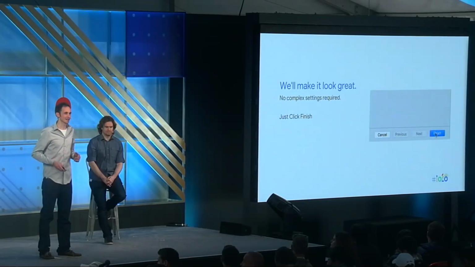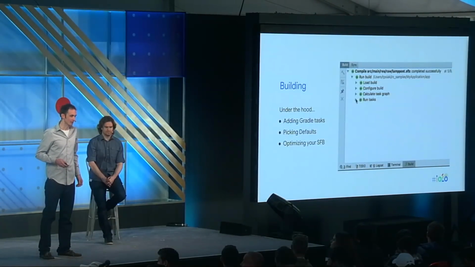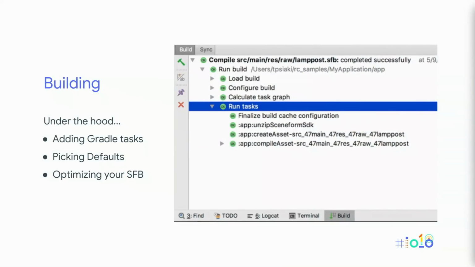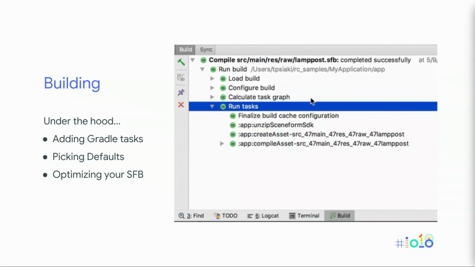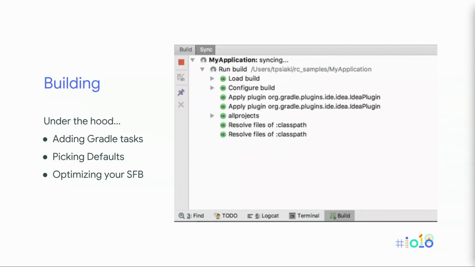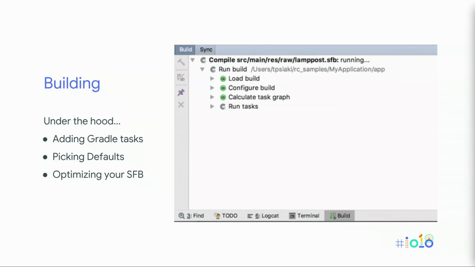Let's see what happens next. As soon as we click Finish, we're going to have a Gradle build kicking off. We're compiling here the SFB that we just imported. We'll get these Gradle tasks added.